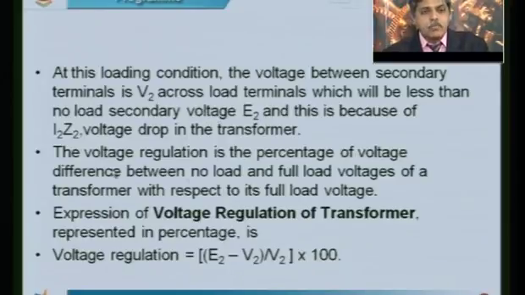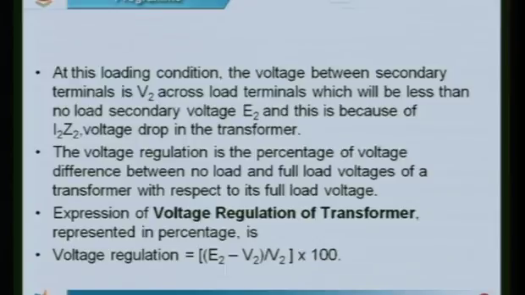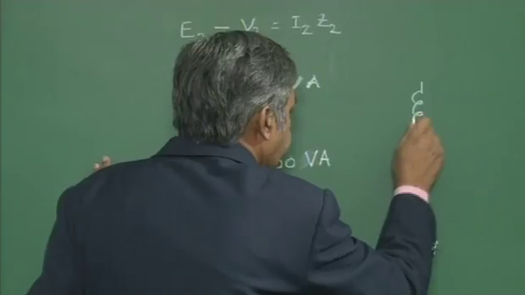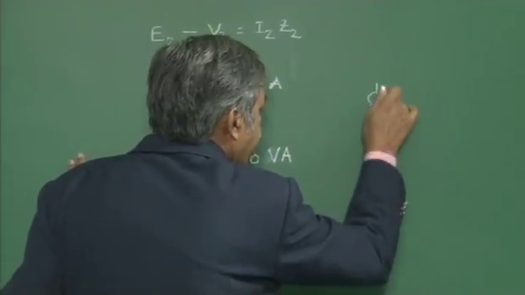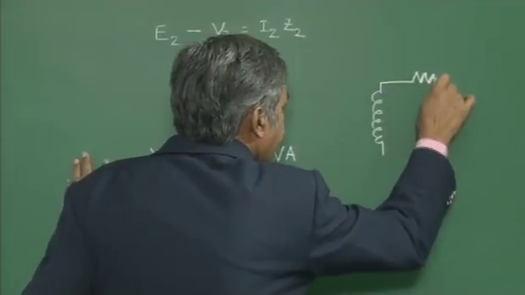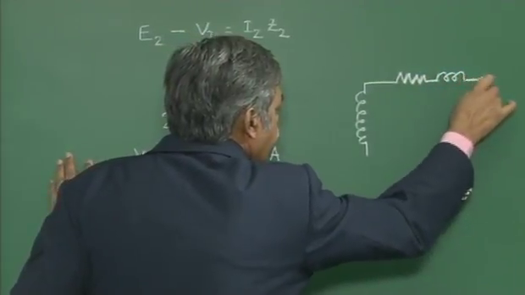Now, the definition of regulation will be like this. Let us say I have a transformer. I am not showing the primary winding, I am just showing the secondary winding here. This is the impedance of the transformer.